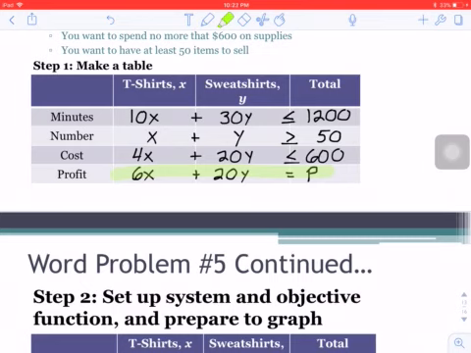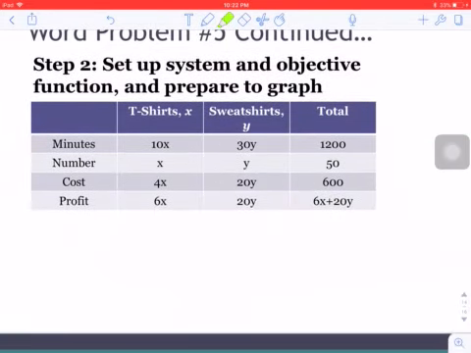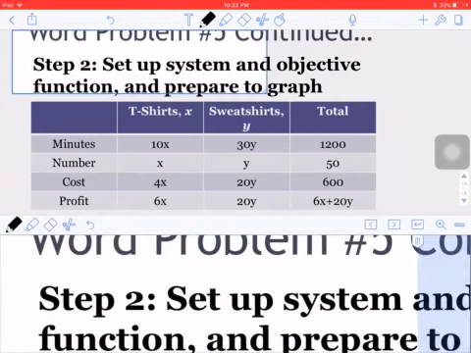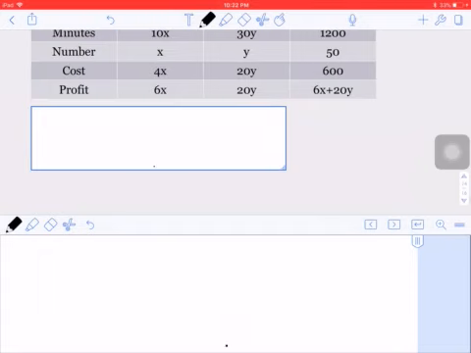Okay, so continuing on, you can see there I have the table all filled out. And then it says set up a system and objective function and prepare to graph. So let's set up our system here.